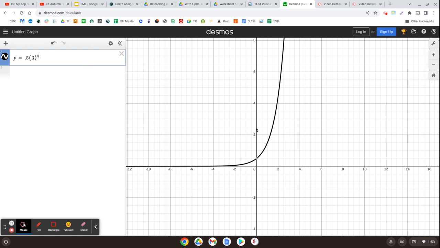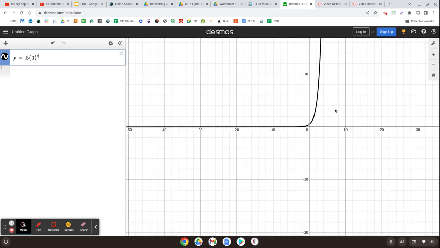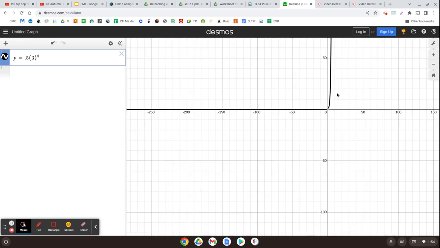See, this is what you want your money to do. Notice my y-intercept is 0.5. That's exactly what we thought. But every time I go over 1, we multiply by 3. Over 1 up 3. Over 1 up 9. Over 1 up 27. This thing gets out of control super fast.